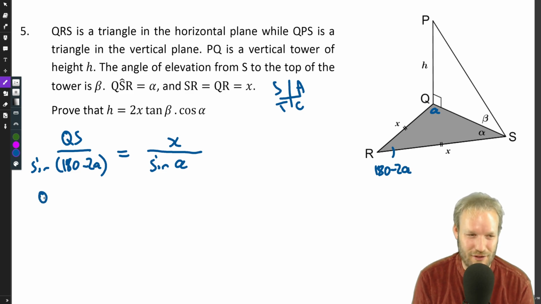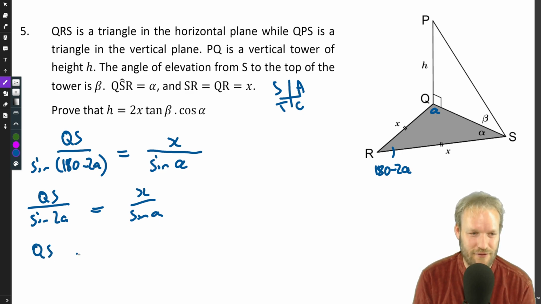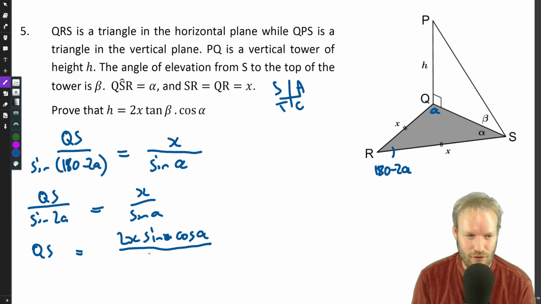Up to you how many of those steps you show, but I would show at least that reduced x over sine alpha, and I would definitely show that turned into 2 sine alpha cos alpha, that you've used the double angle formula over sine alpha, and that those cancel. So therefore we know that QS is 2x cos alpha.